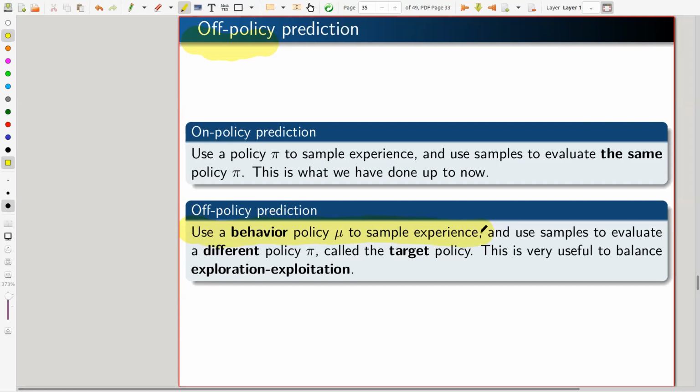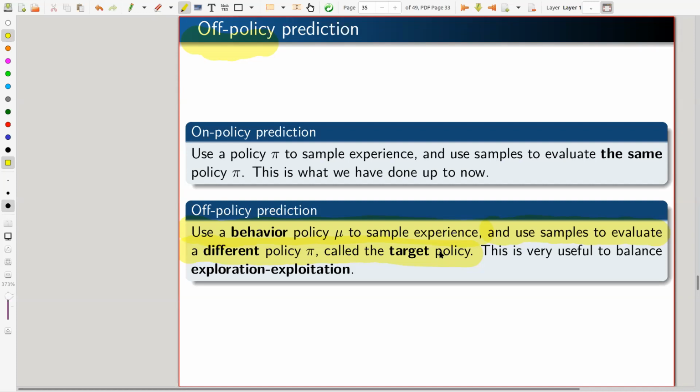And then we use the samples from this policy to evaluate a different policy, which is the target policy. This target word has nothing to do with the target in the TD target or Monte Carlo target. This is a different policy, which will be the table storing the values used to approximate the value of the optimal policy.